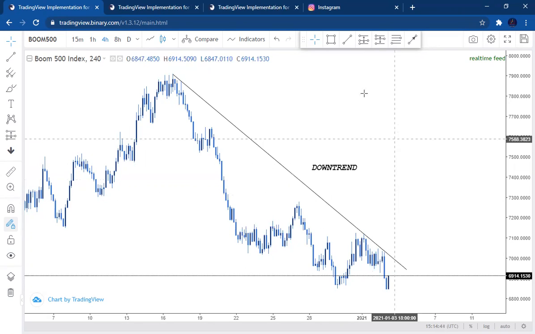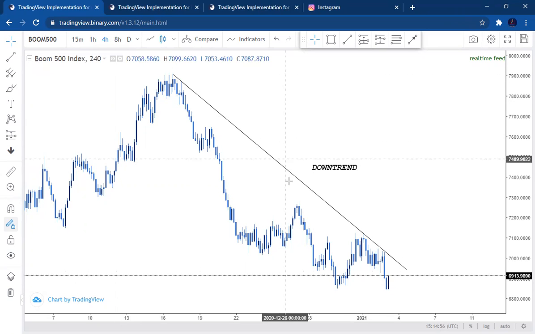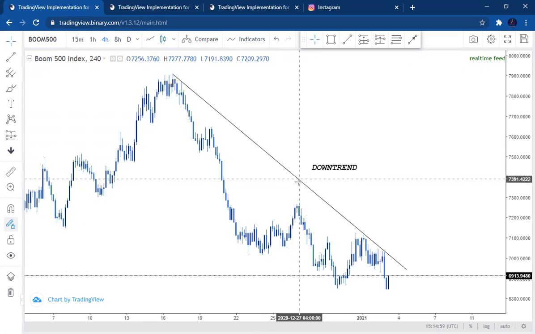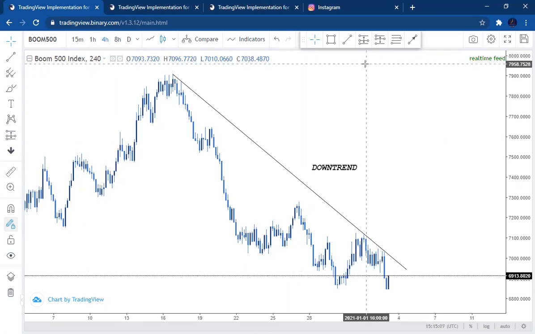So when you are changing your time frame from 4 hours to 1 hour, if I change it, I might not see this trend line again, because we have what we call major trend lines and minor trend lines.